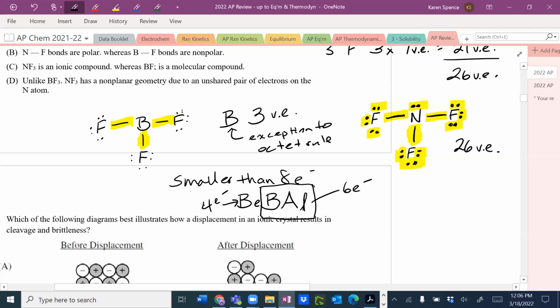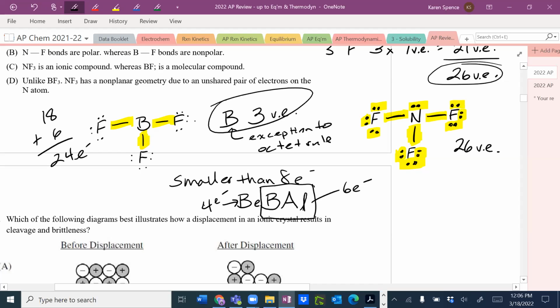And my bonding pairs, that was 18 plus 6 is 24 electrons, which is how many we have, because if the nitrogen had 26, boron, which has 2 less, will have 24 electrons. So this is a correct structure.